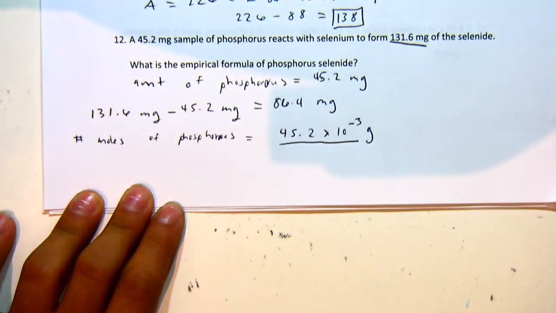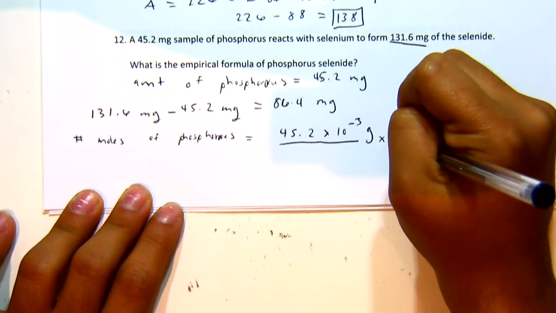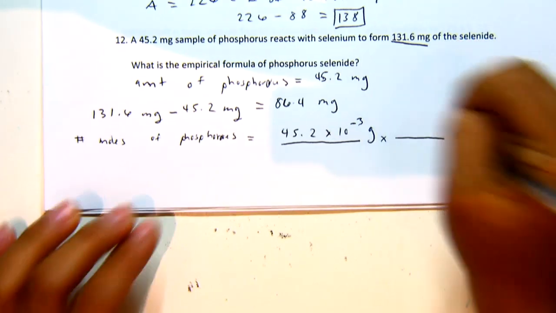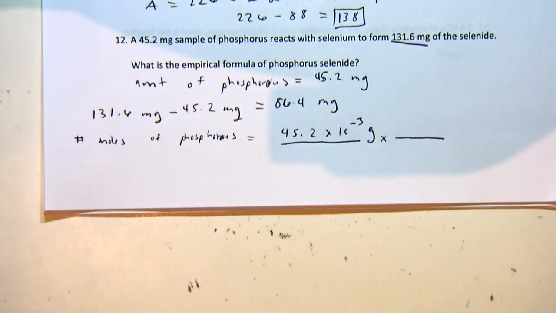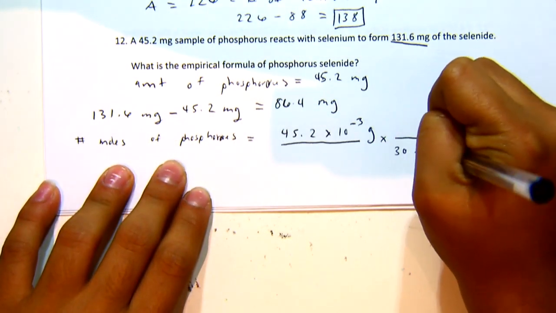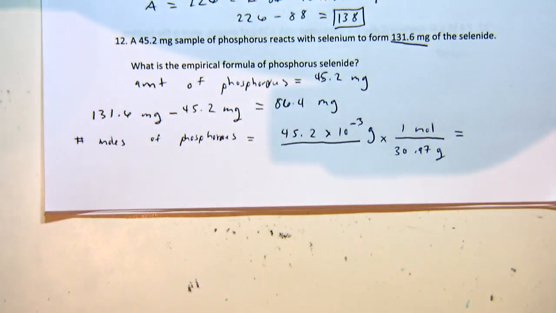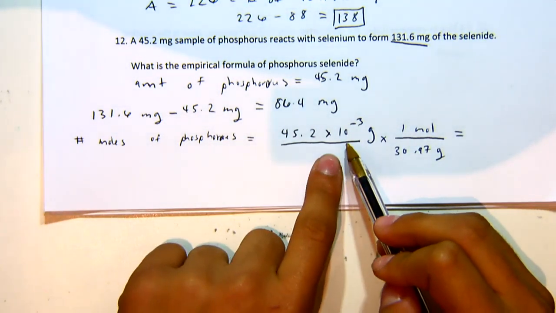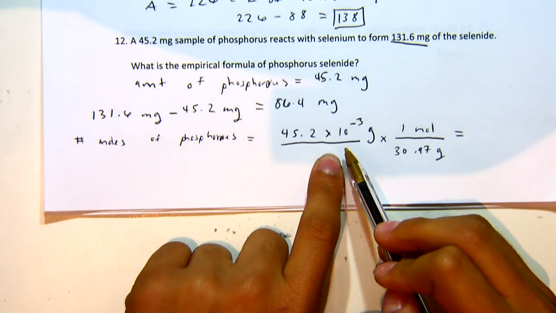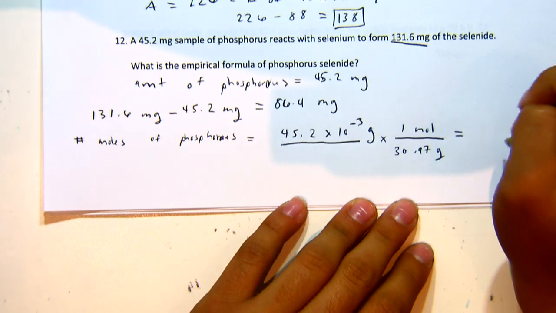So then if we want our number of moles, we're going to multiply this by the molar mass of phosphorus, which would be 30.97 grams over 1 mole. But what this 10 to the negative 3 still signifies is that we're still looking at it as milligrams. So our answer is going to be in millimoles.